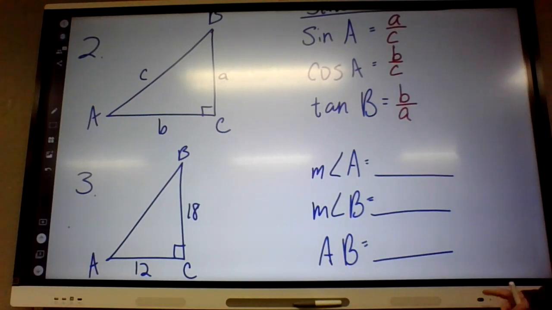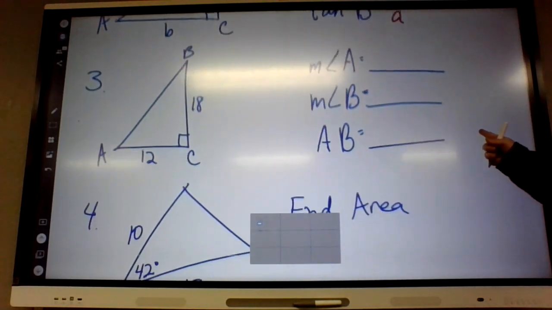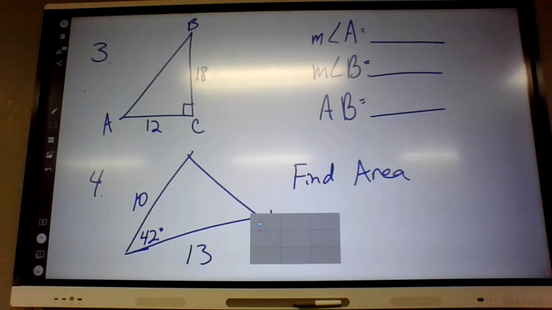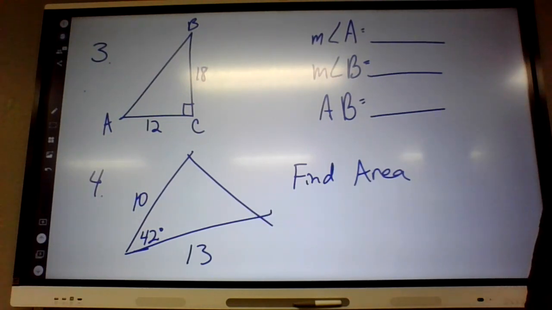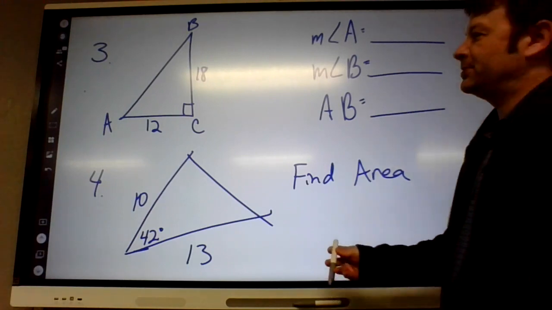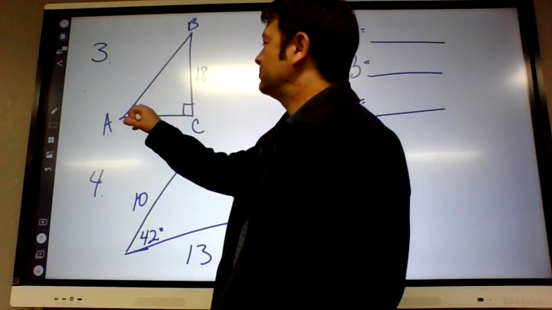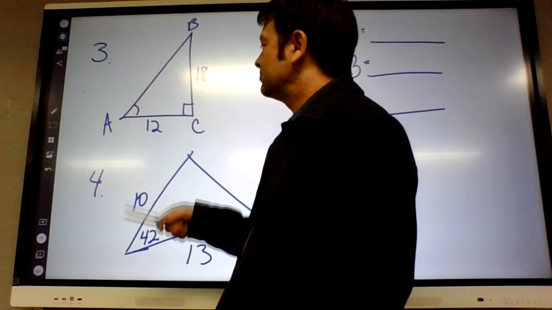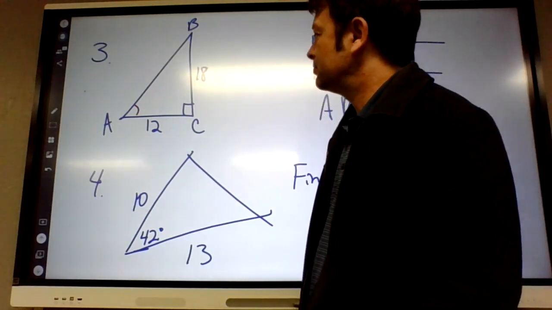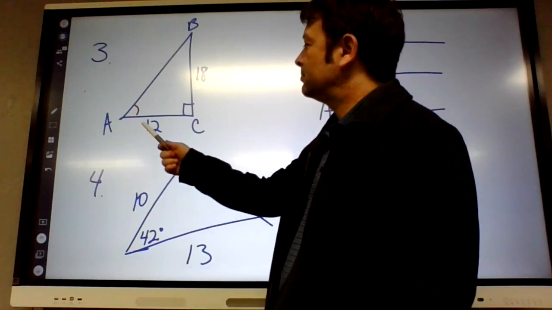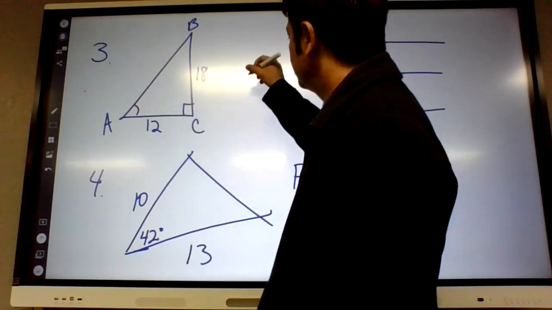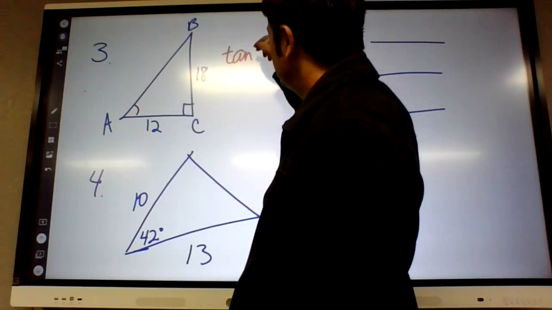Okay. So on number 3, we have to find angle A. Corey, do you remember how we do it? Opposite over adjacent, so you do tan of 18 over 12.